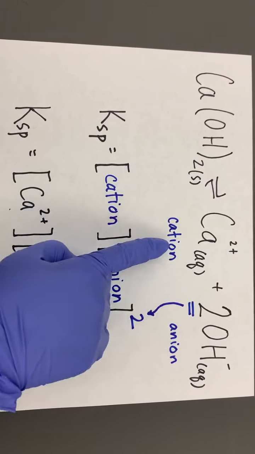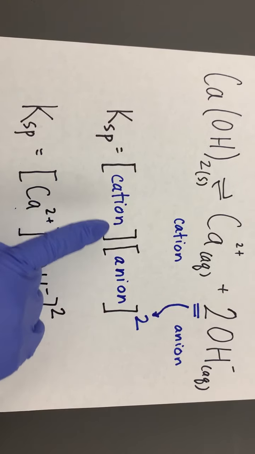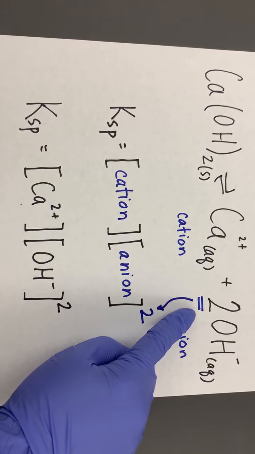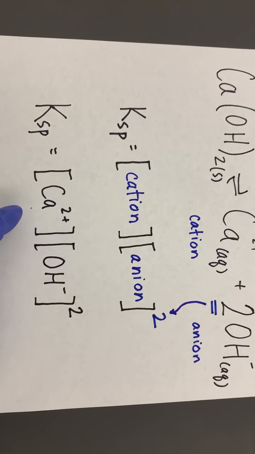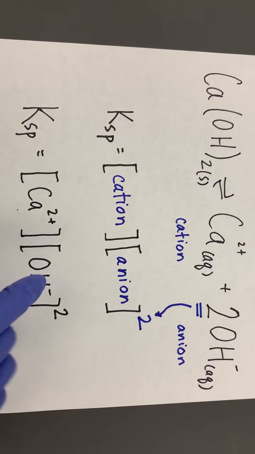Ksp should be calculated as cation times anion. This must be squared because of the stoichiometric coefficient of 2. So therefore Ksp is the concentration of Ca2+ times the concentration of OH- squared.